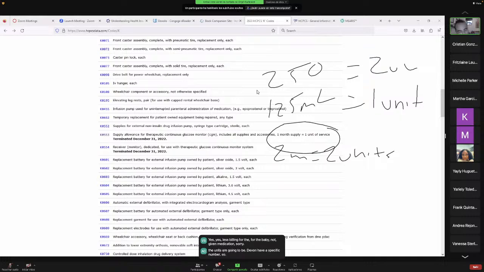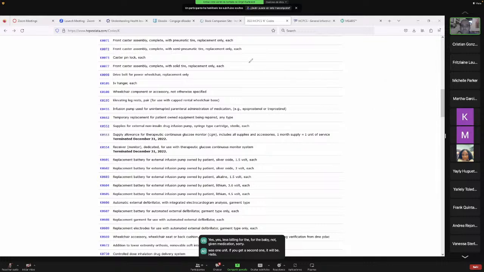So the example here, 1 month supply of every supply needed to check the glucose was 1 unit. If you get a second one, it will be another unit. And look, terminated December 2022. So let's see. I don't know what they're doing now. They have to be probably doing the next one.